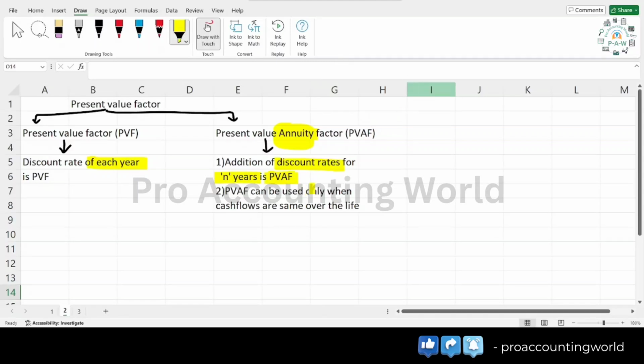This concept can be used only and only when cash flows are the same over the life of the project. So if cash flows are unequal, you don't have a choice, you have to follow PVF. But if your cash flows are the same over the years, then you can use the concept of PVAF. How does this work?